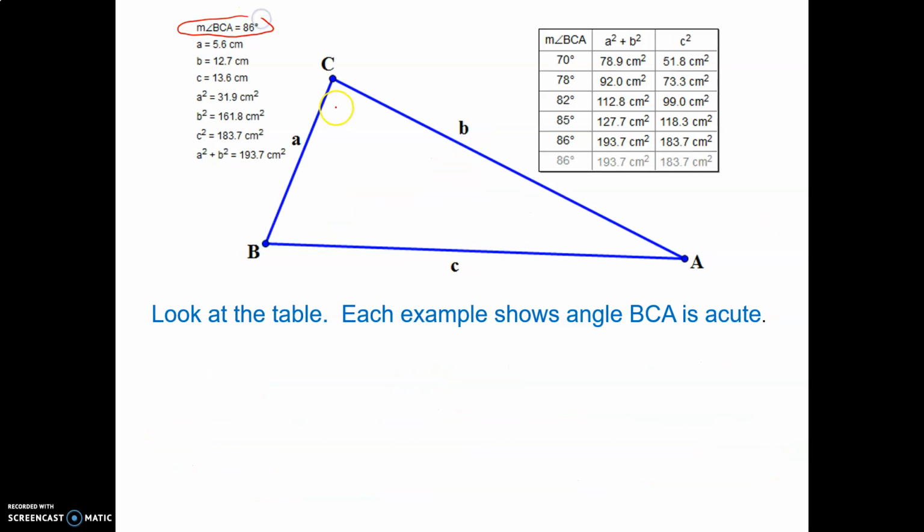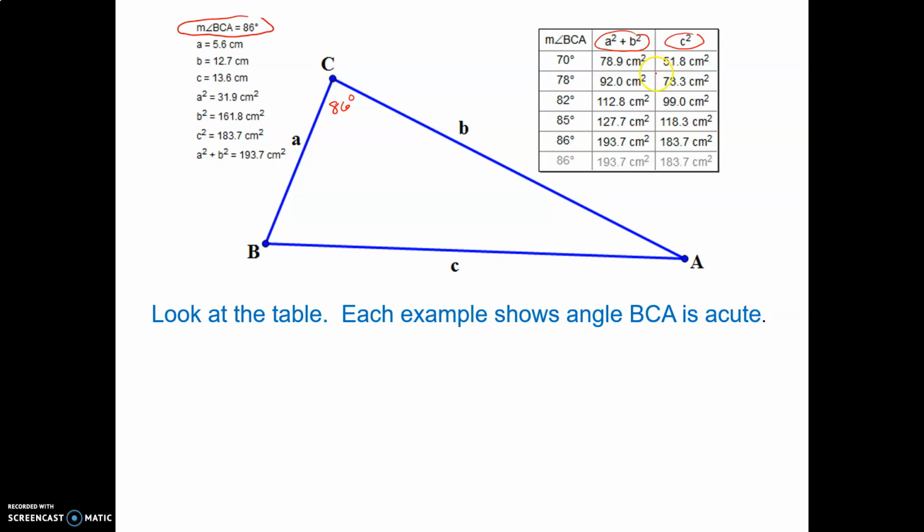So this time, this angle here is 86 degrees. And again, I named the longest side C and the other two sides A and B. And I did some measuring and set this up, and look what happens. Here's my A squared plus B squared column. Here's my C squared column.